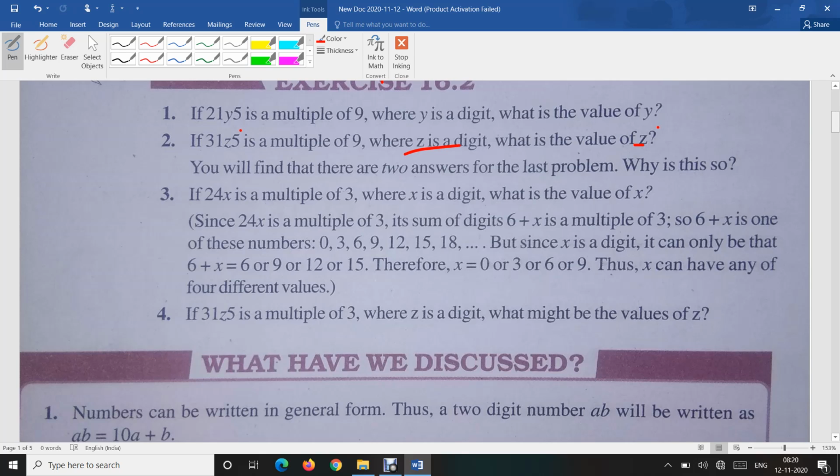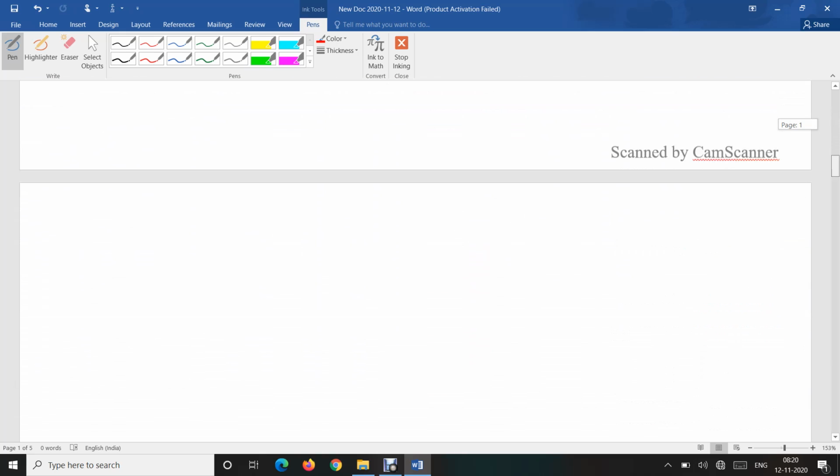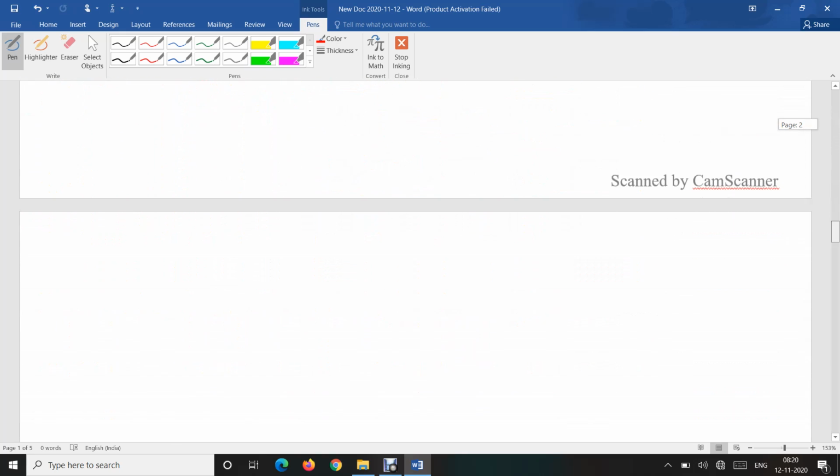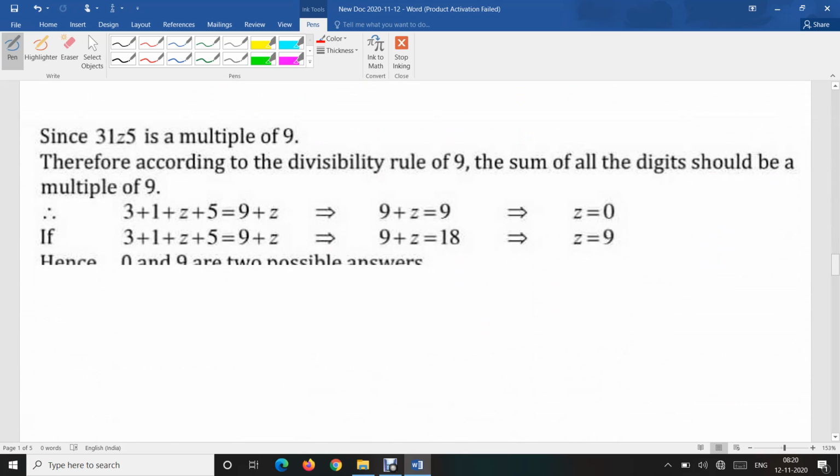This time we have 31z5, that means the digits are 3, 1, z and 5. So the sum of these digits, 3 plus 1 plus z plus 5, is equal to 3 plus 1 is 4, 4 plus 5 is 9, 9 plus z. So put the value of z. Z can be anything from 0 to 9.